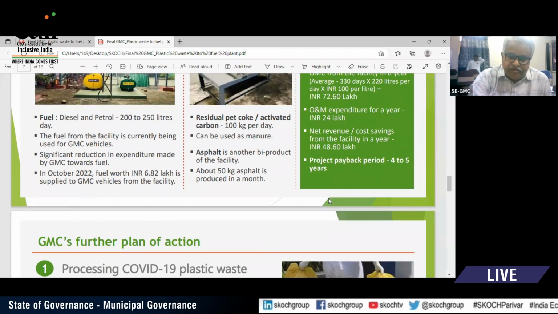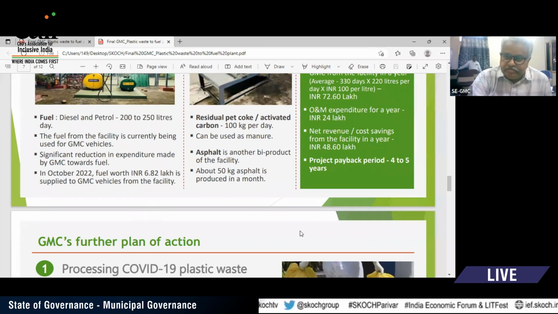Apart from that, sir, we are getting residual pet coke carbon of 100 kgs per day, which can be used as manure, sir. Asphalt is another byproduct of this facility, sir, of which we get about 50 kgs, which is being used for pothole filling on roads in the Guntur Municipal Corporation area.